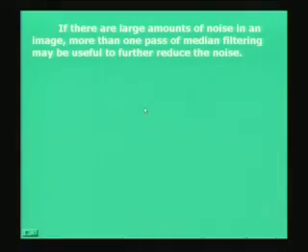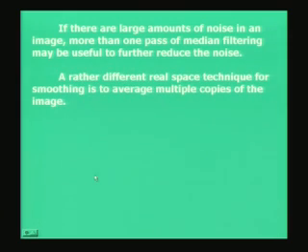A bit of information about noise: if there are large amounts of noise in an image, more than one pass of median filtering may be useful to further reduce the noise. You can use such a concept. And a rather different real space technique for smoothing, we are not talking of any spectral domain techniques here, is to average multiple copies of the image. Where do you have multiple copies?